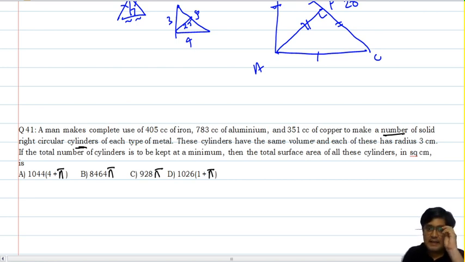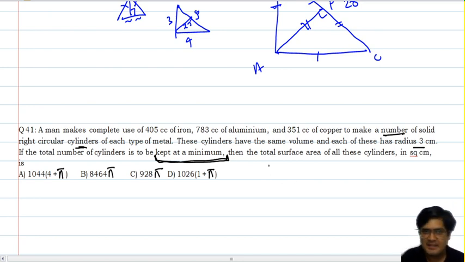These cylinders have same volume and each one has the radius 3 centimeters. The total number of cylinders need to be kept at minimum. The total surface area of all these cylinders in square centimeters is.